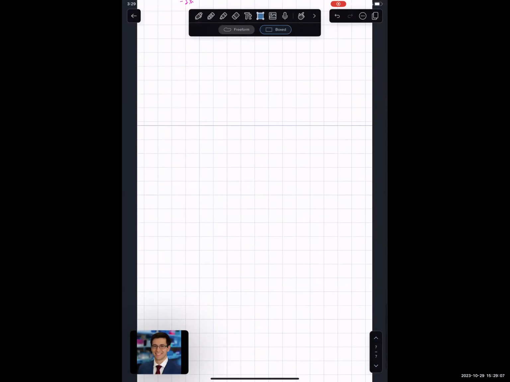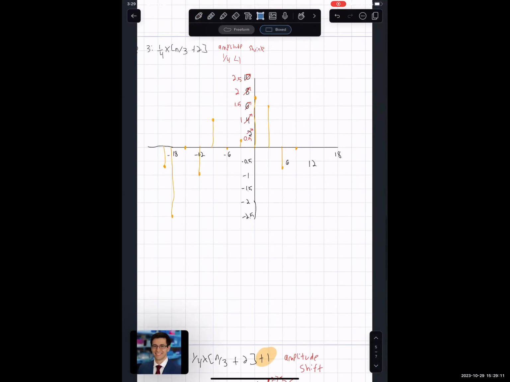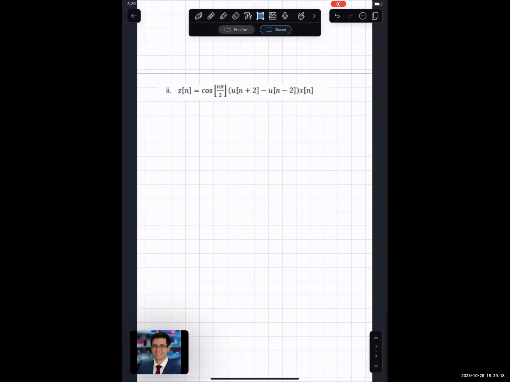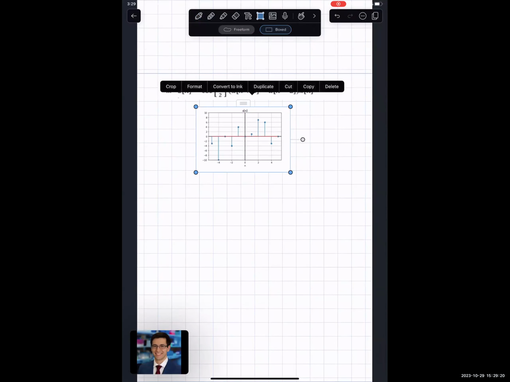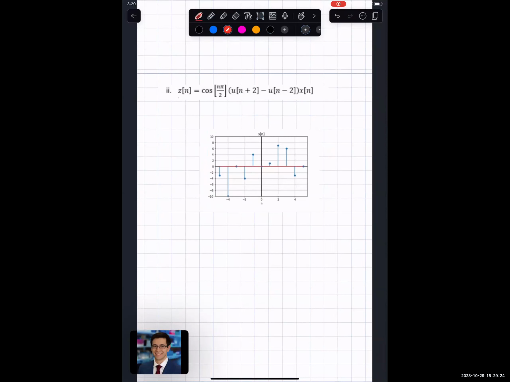So for this problem, it's going to be a little bit different. Here's this. Let's get a copy of this x of n. New copy, new problem. Okay, so once again, guys, let's just think about this conceptually before we hop into anything. We have our x of n here, and we're multiplying it by two things. The first thing is this step function here, or two step functions being subtracted.